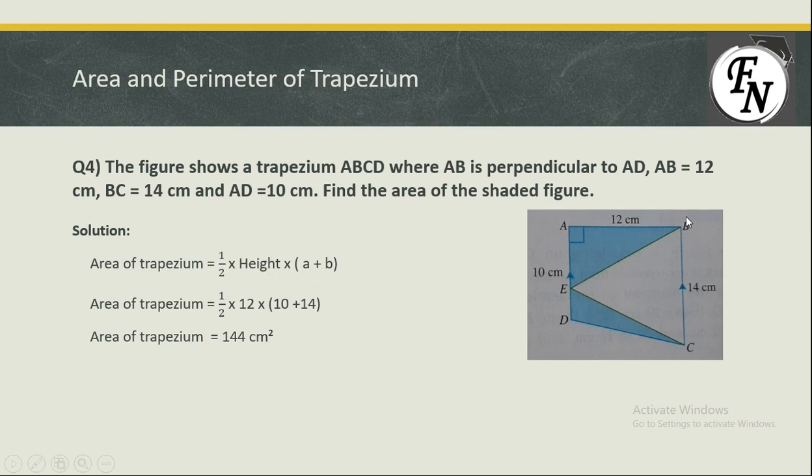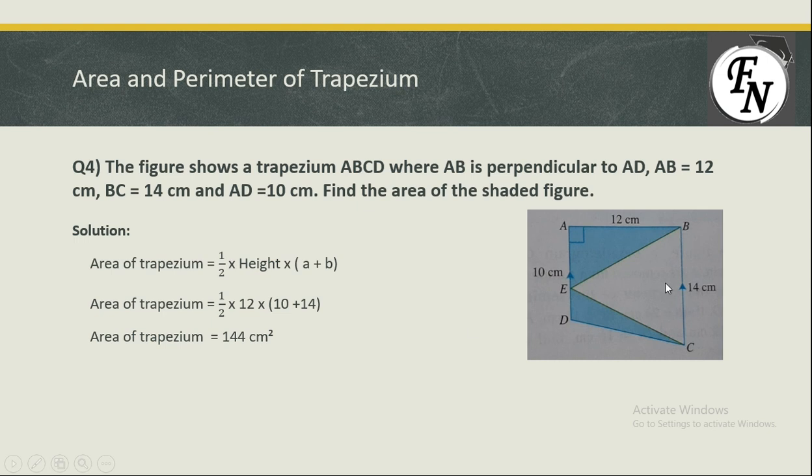This height would be 12 as it is perpendicular to the parallel lines, and 14 and 10 would be added as the parallel sides. So 10 plus 14 is 24, and then it is multiplied by 12, and after cancelling, I get 144 centimeters squared.